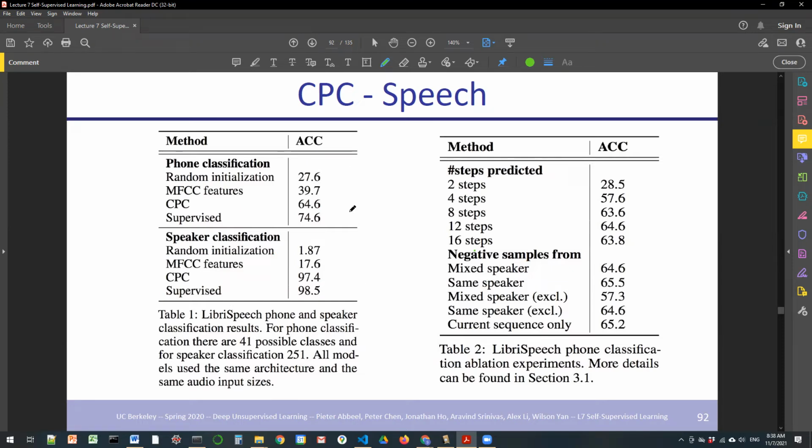This table compares the CPC approach for 2 tasks. One is the speaker classification task that I talked about, which is to identify the correct speaker. The other, phone classification, is a phoneme classification, and it compares the accuracy of the different methods here.